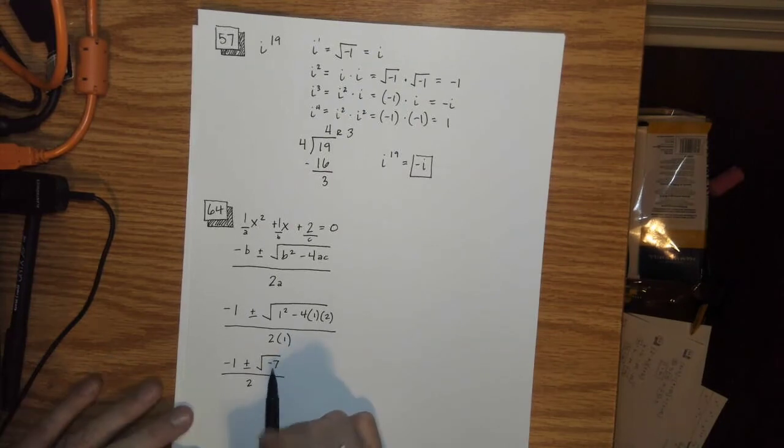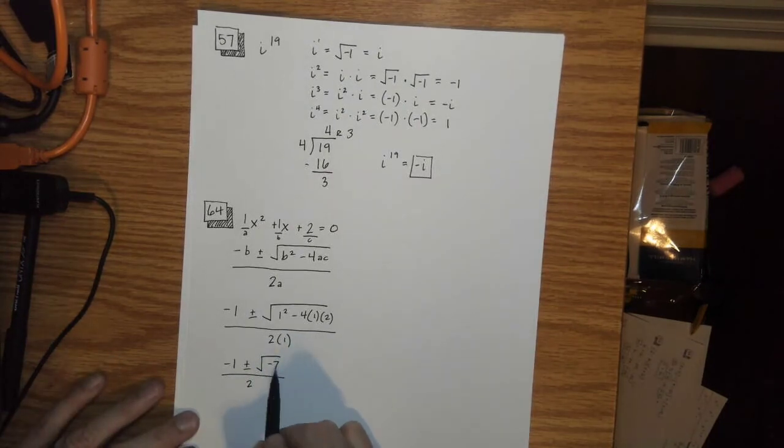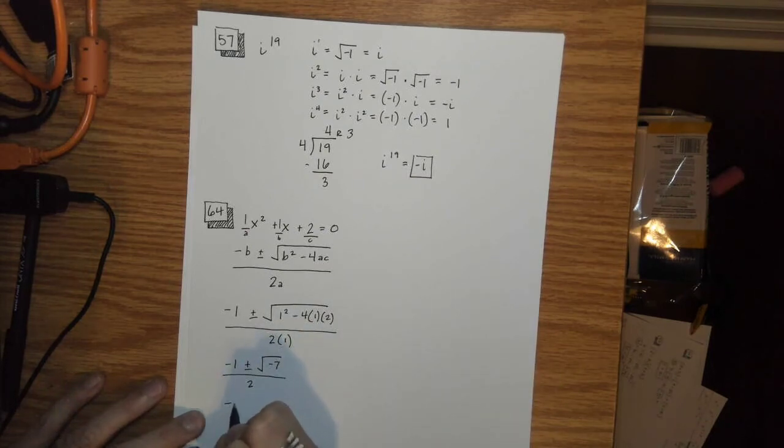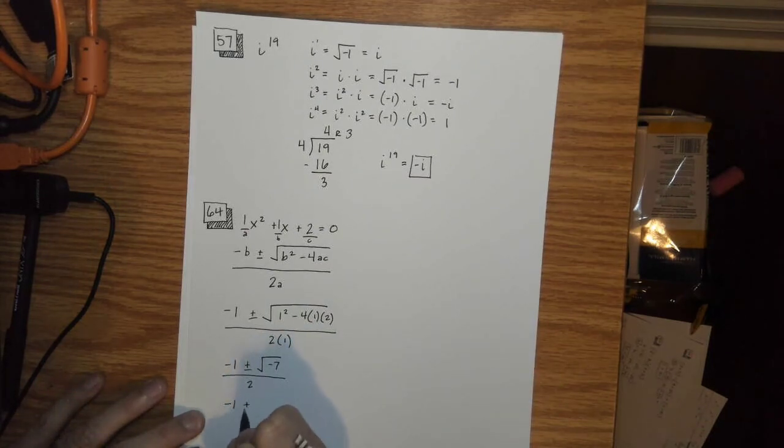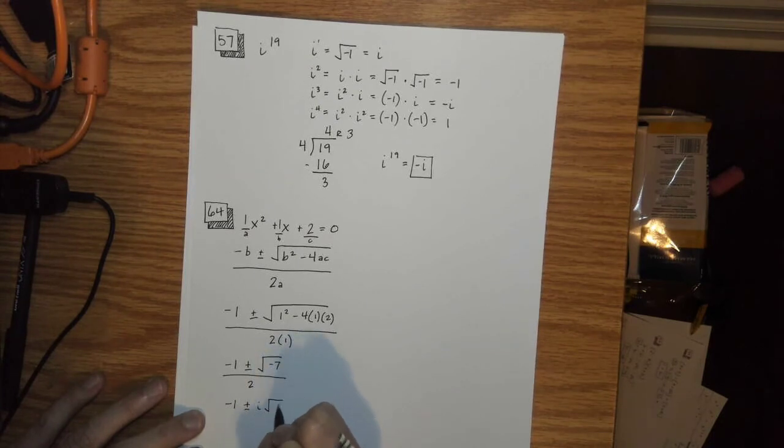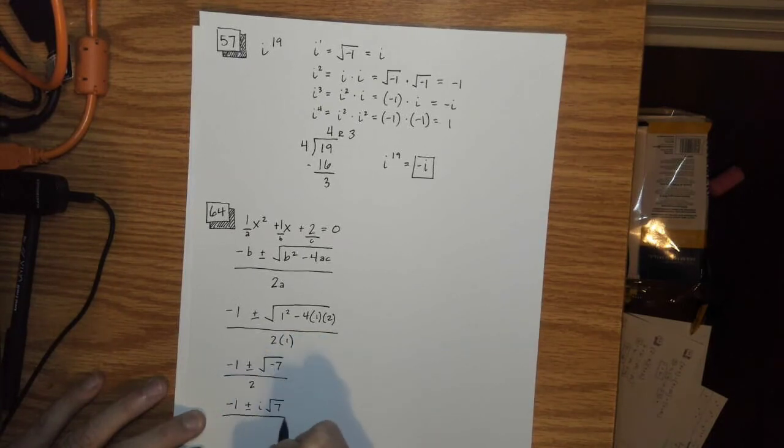Now we can simplify this a little bit. We can say that this negative square root actually makes an i come out, so it's negative 1 plus or minus i square root of 7 over 2.